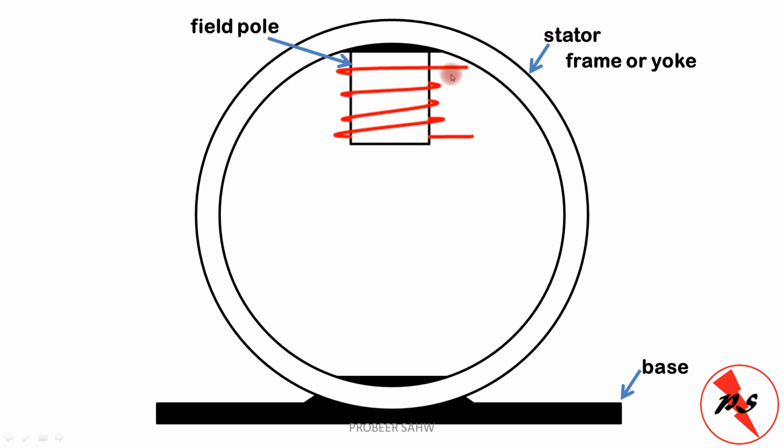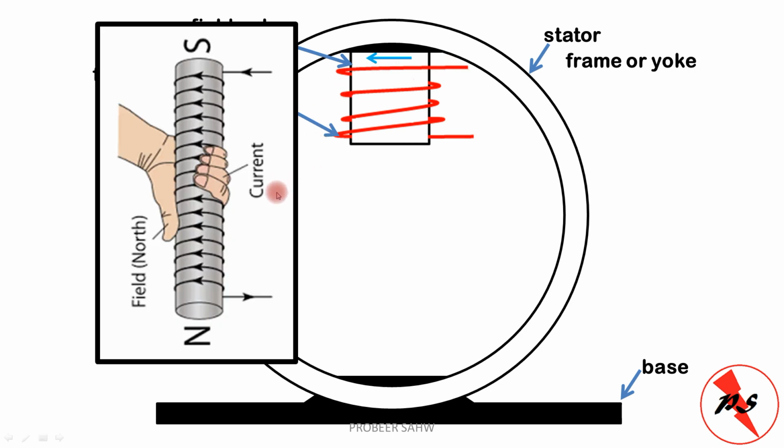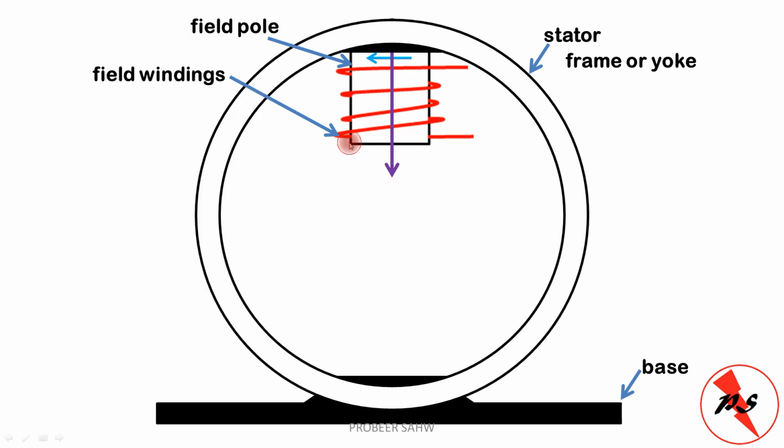Since the current direction is in this direction, according to the right hand curl rule, the magnetic field direction will be like this, from top to bottom. So this part of the pole, which is called the pole face, will now behave as the north pole, right?